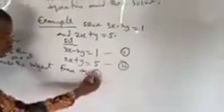Rearrange one of the equations such that one of the variables is made the subject of the equation. That means we have to rearrange one of these equations. Let us pick equation 2 and rearrange it.